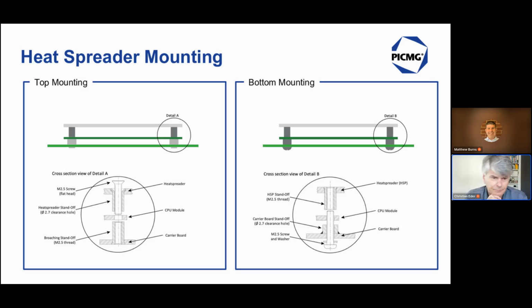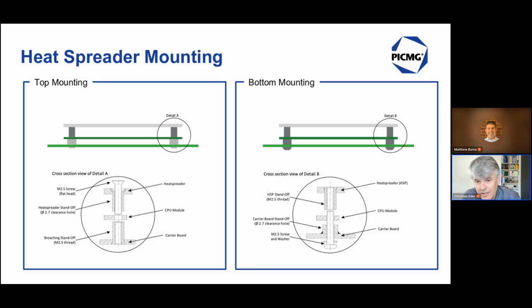Let me explain it. There are usually two versions of the heat spreaders available. One is with through holes, the other with threads. But what's the difference? On the left-hand side, for the top mounting, you need to have a through hole, and the carrier board has standoffs with threads in order to provide the right pressure for the right heat conduction.